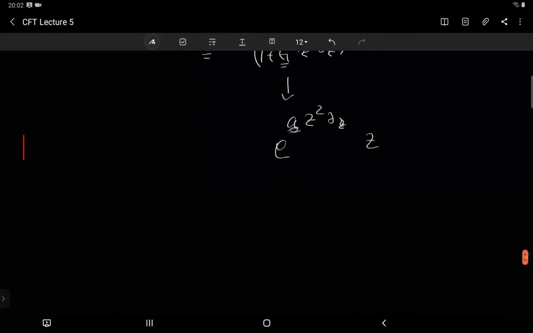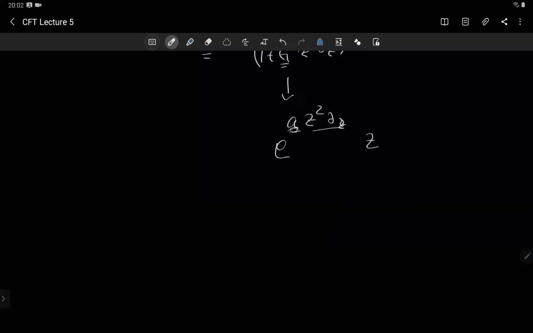And to find the transformation, we have to do a change of variable so that this can be written as a single derivative. The way to do it is to take Z equal to minus 1 by omega, because then dz will be 1 by omega square d omega, which is equal to Z square d omega.